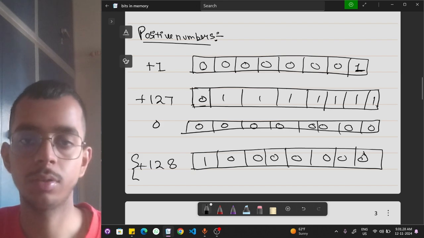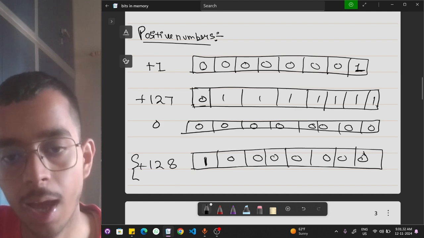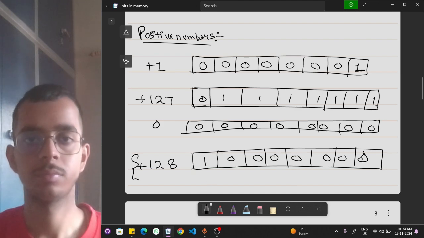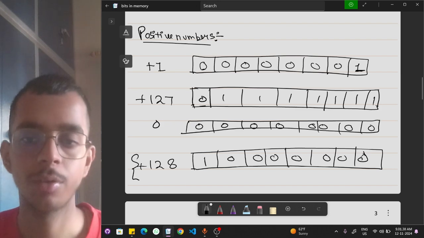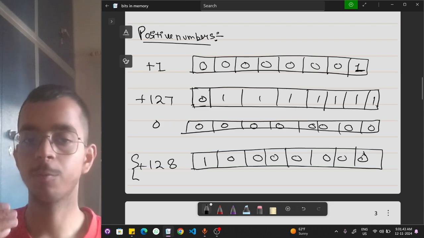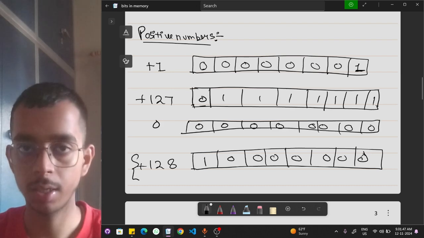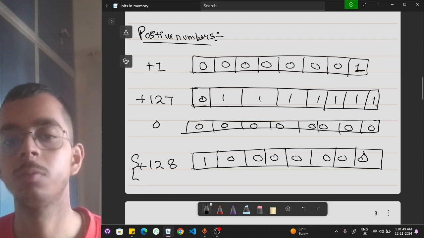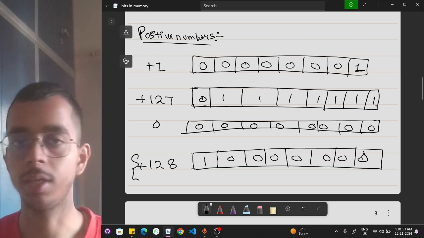Now you will say that plus 128 has a one here. Why am I considering this? Plus 128 does not come into the positive range in the 8-bit sequence, but you will see the magic of this 128 later on.